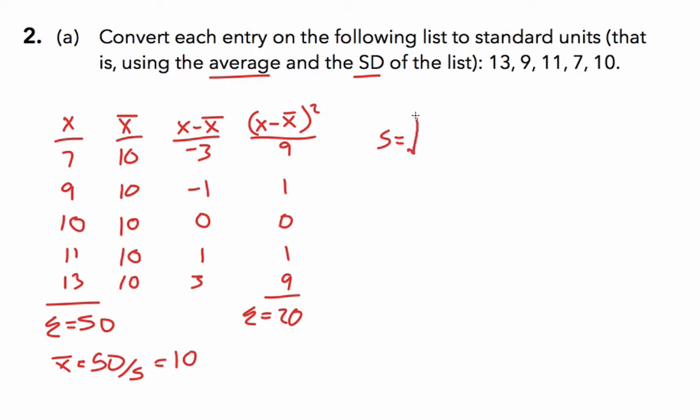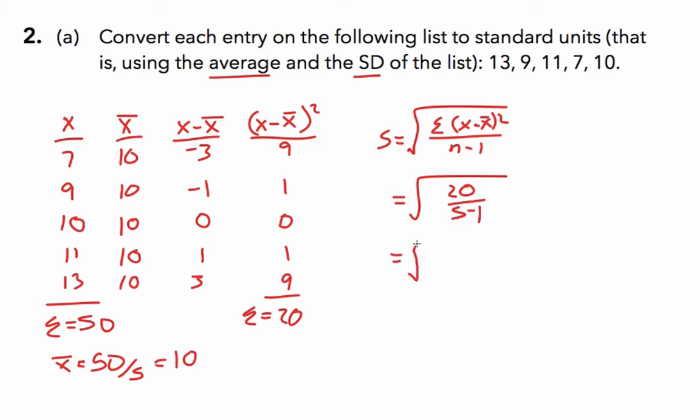The standard deviation is the square root of the sum of deviance values squared divided by our sample size minus 1. So we can fill in 20 for the sum of deviance values squared and 5 for n. 5 minus 1 is 4, and 20 divided by 4 is 5. The square root of 5 is 2.23. This is our standard deviation.